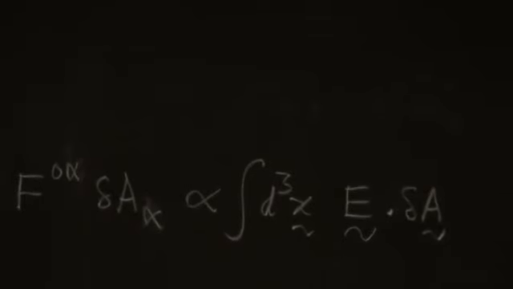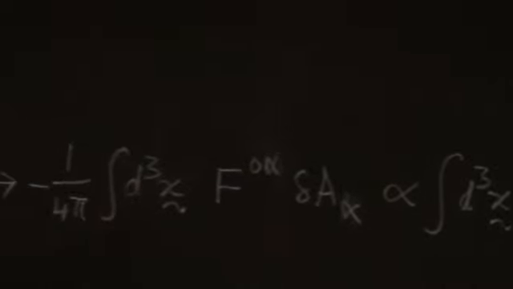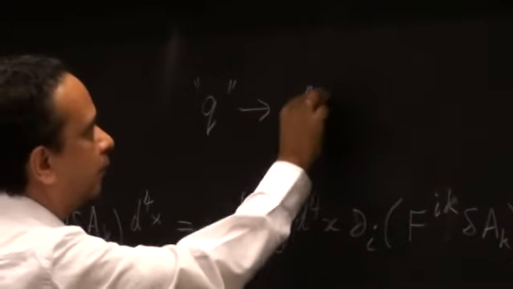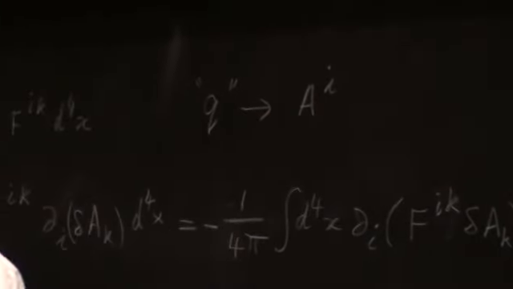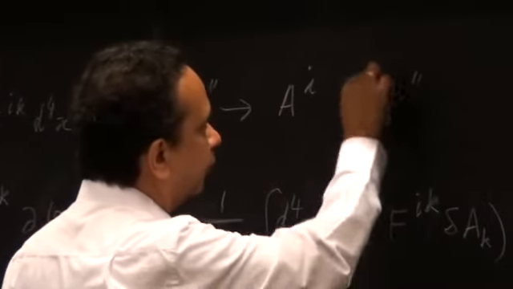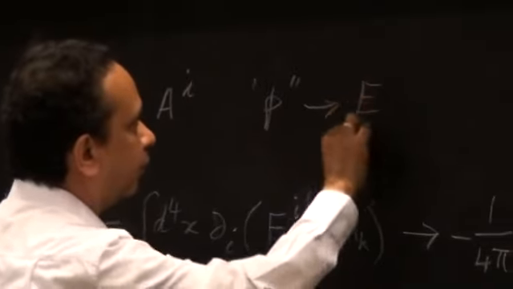What it tells you is that if you are looking at the electromagnetic action and you think of the Q's of the electromagnetic theory as A_i, the vector potential, then the P's of the theory are actually electric fields. Okay.